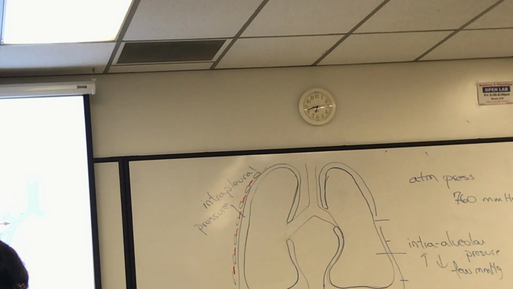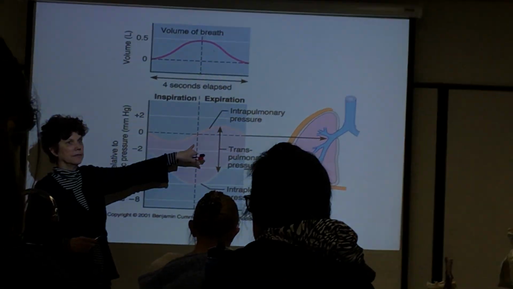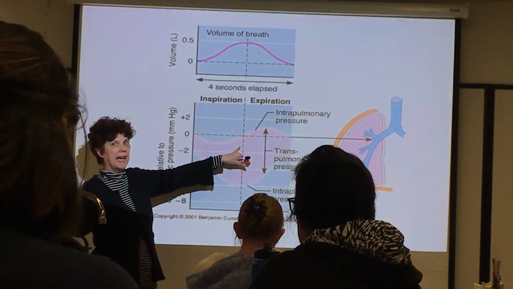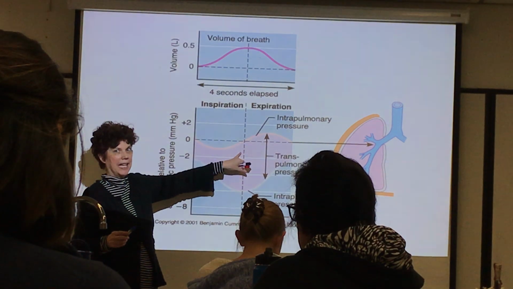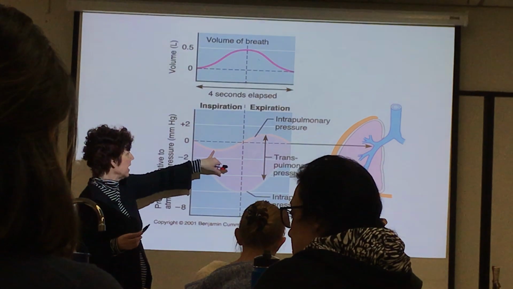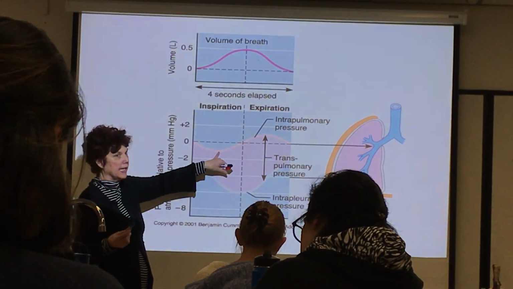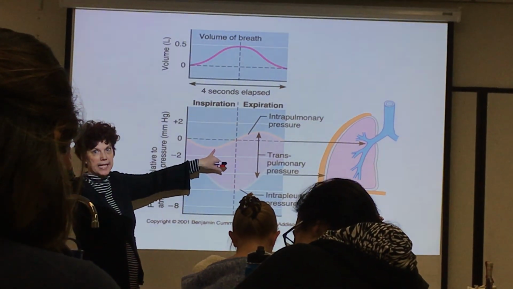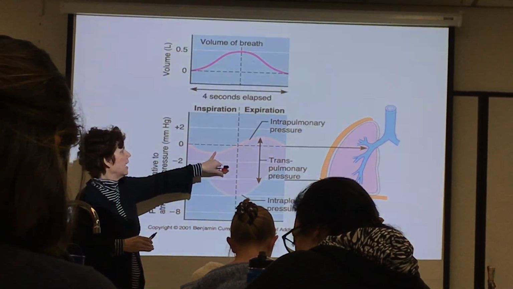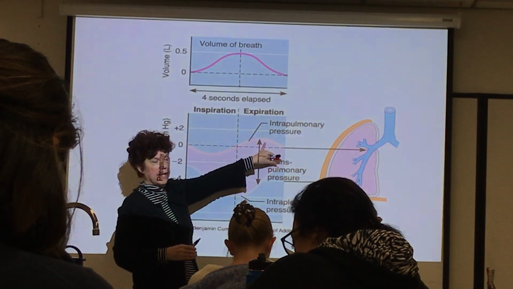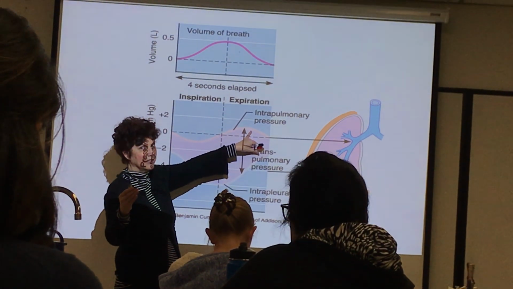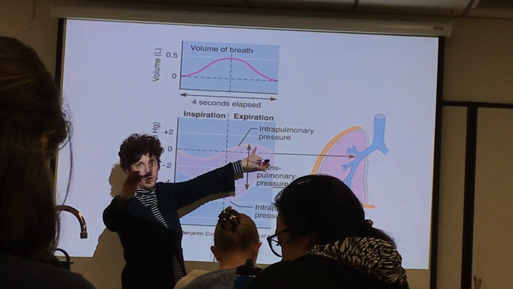All right, so when it's less than atmospheric pressure, are you breathing in or breathing out? Air goes from high concentration to low concentration, just like blood. So if atmospheric is 760, intraalveolar here we would say is 756, 758. 760 is higher than 758, so it's going to push the air in. Then intraalveolar pressure now is 762, 763. It's now higher than atmospheric pressure, so it's going to push the air out, going down the pressure gradient.